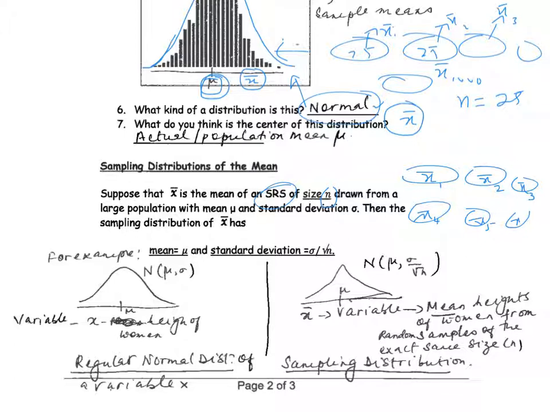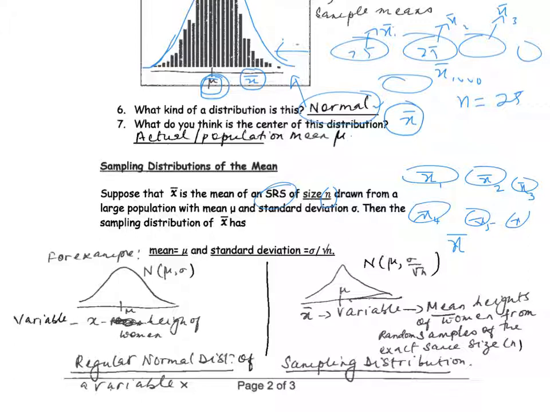So we have a bunch of numbers, and all these numbers are the x bars that come from the various samples that we've collected. So the variable in this process is x bar, since we're calculating x bar for each sample, and they're all going to be different, so that's what makes it a variable.